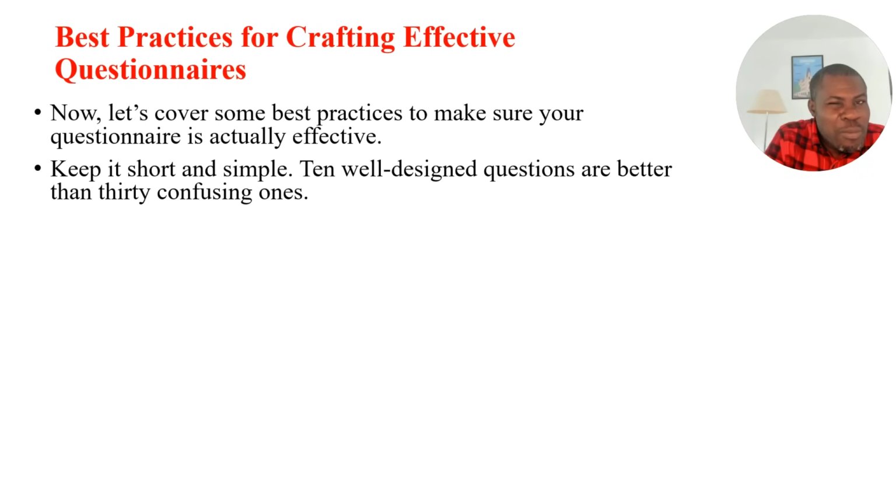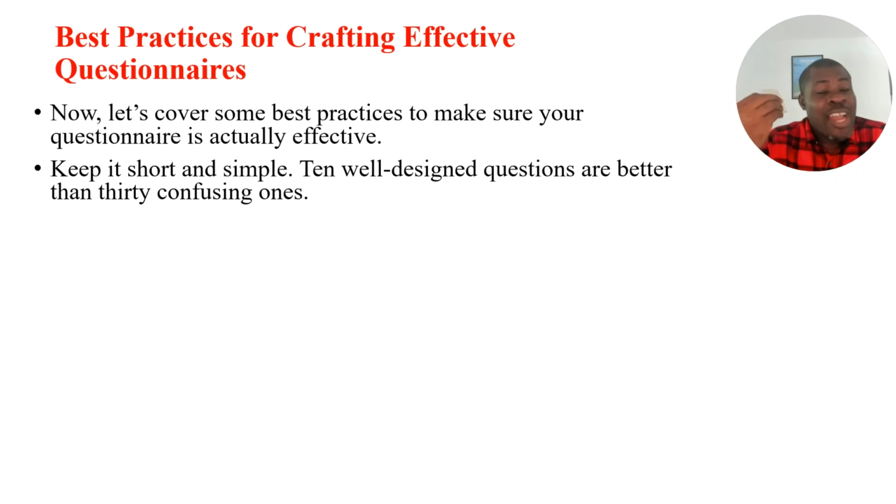So you want to keep them simple so that respondents will think about them and respond appropriately to the ones that apply most to them. I would recommend anything between 5 and 10 items, with a maximum of 10.